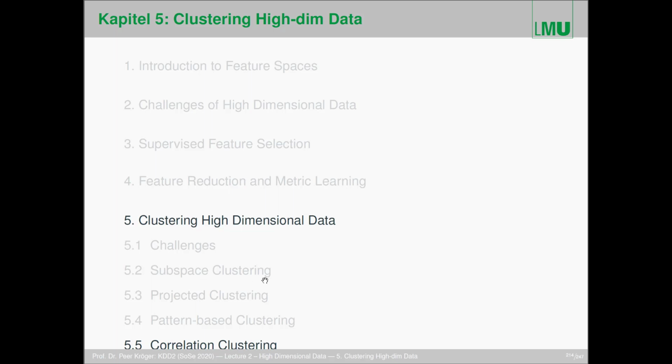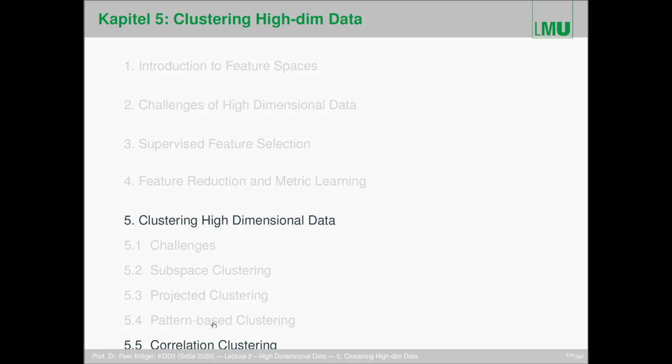The subspace clustering approaches, as you may recall, basically follow a bottom-up subspace search strategy, whereas the projected clustering algorithms do it the other way around. So start from the full-dimensional feature space to find the subspace projections where the clusters are accommodated.